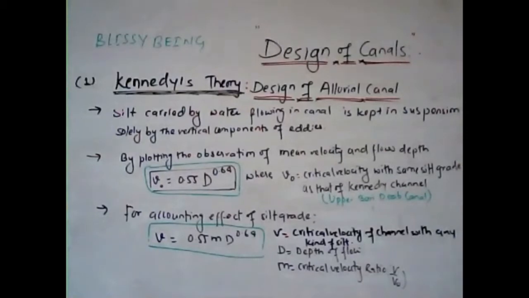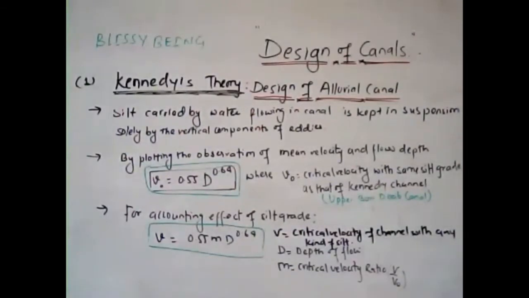So this is the channel in which Kennedy performed his theoretical and experimental procedures. In that canal, the silt grade is taken as the standard one. So that is the standard silt grade used in the theory of Kennedy. So V naught is the critical velocity with same silt grade as that of Kennedy channel.